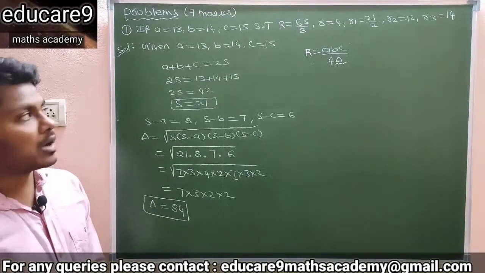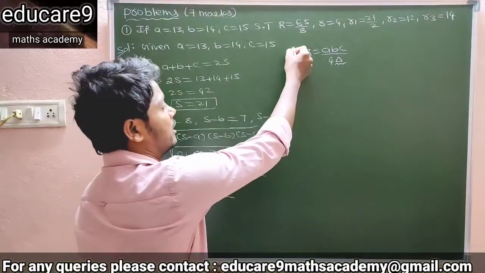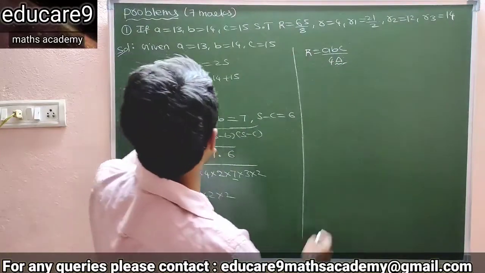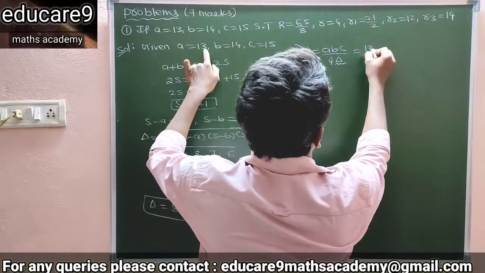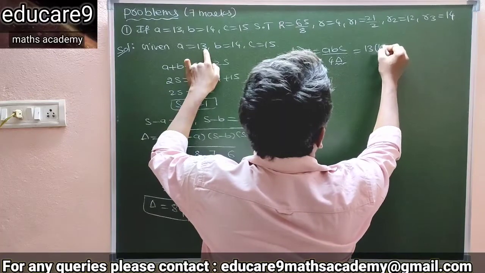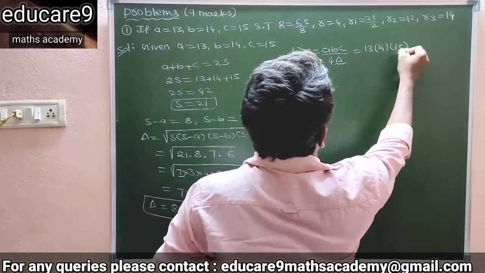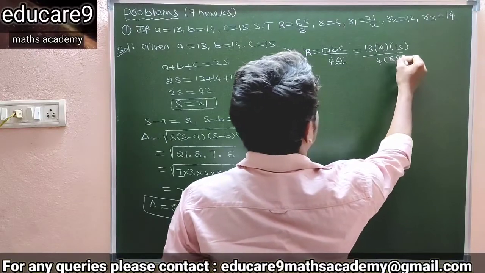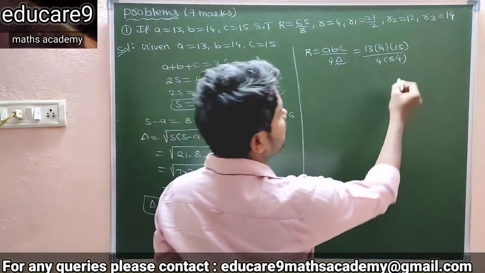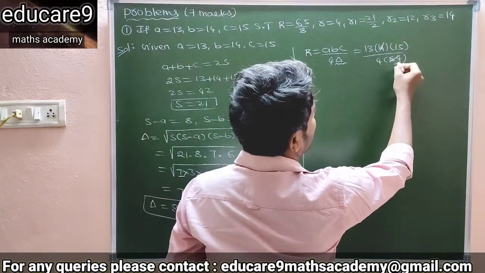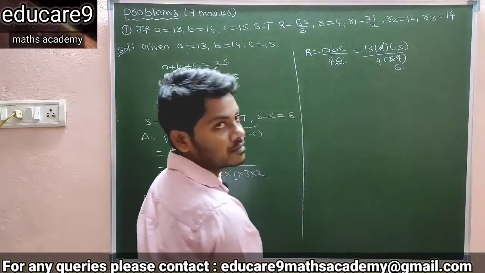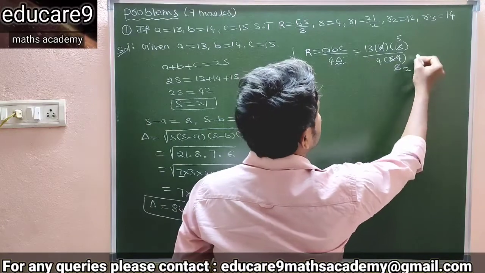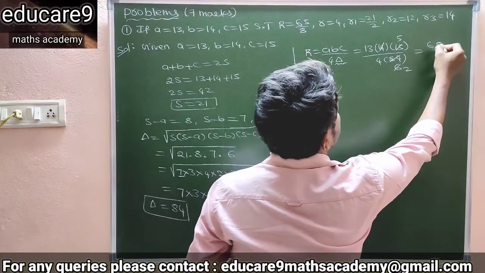Now the first one, capital R is equal to what? abc by 4 delta. What is the a value? 13 into 14 into 15 divided by 4 delta, 4 into 84. Cancelling the factors, this is clearly 65 by 8.